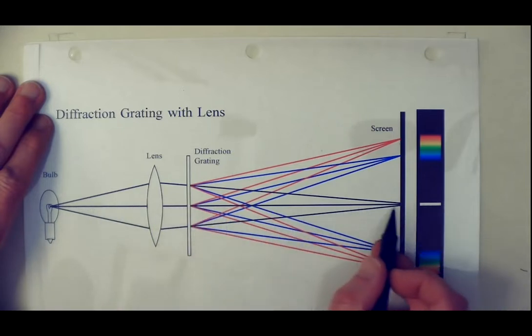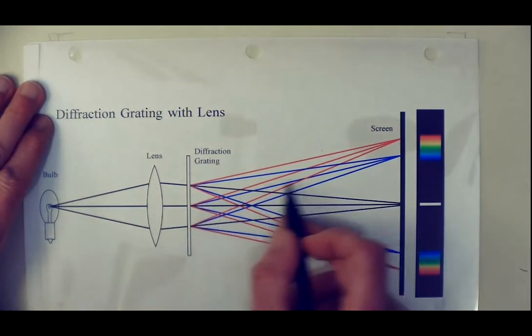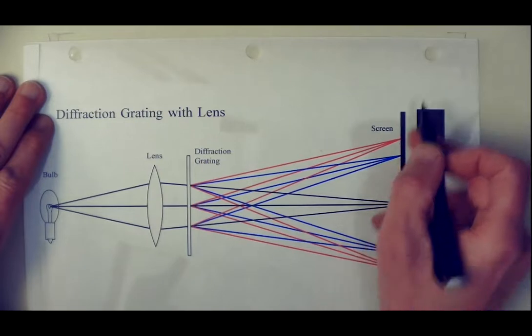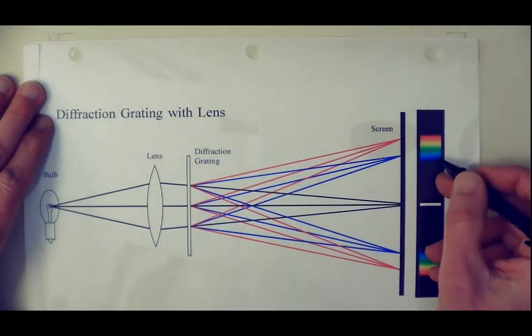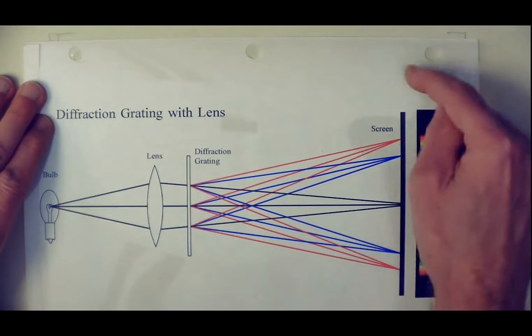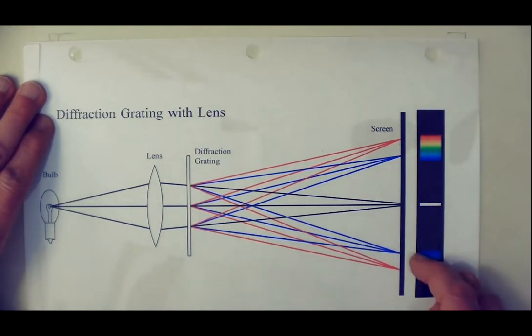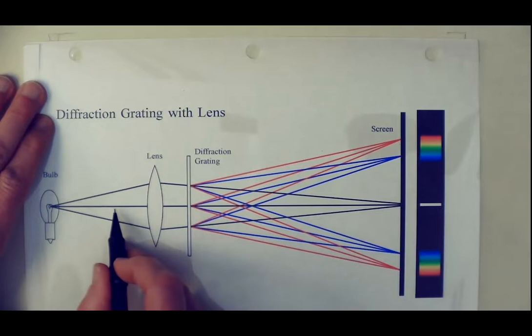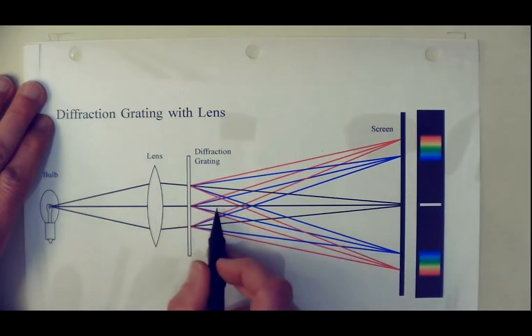Off at some angle from that, we'll get another maximum, and then out still further would be another maximum. This would be m equals 1 perhaps, and m equals 2 would be up here that I haven't shown. Down here is m equals minus 1. So that's just from the light passing through here, shifting off to these other directions.